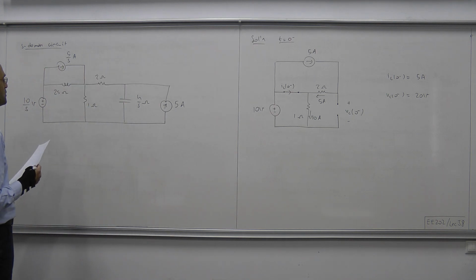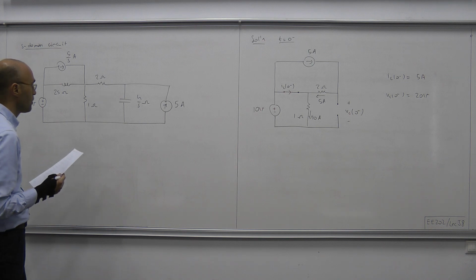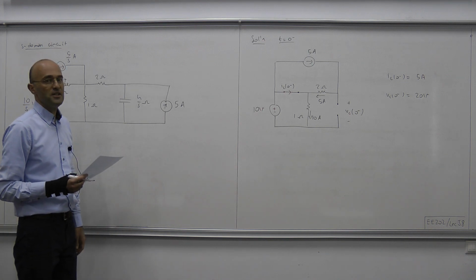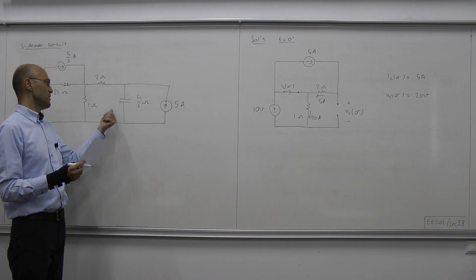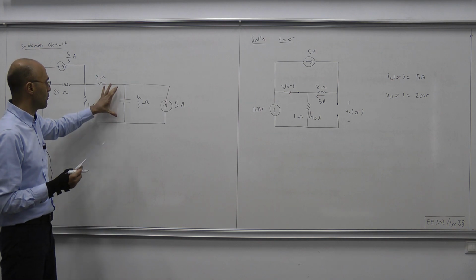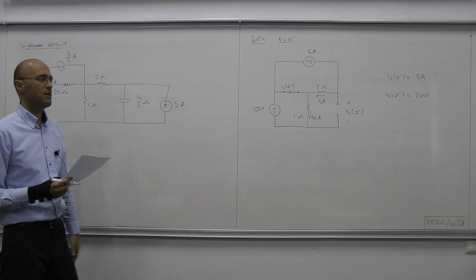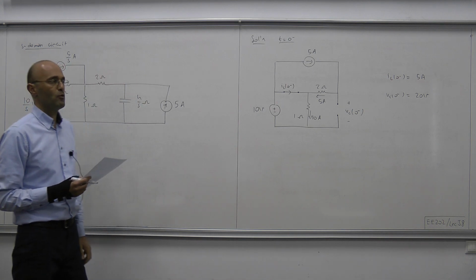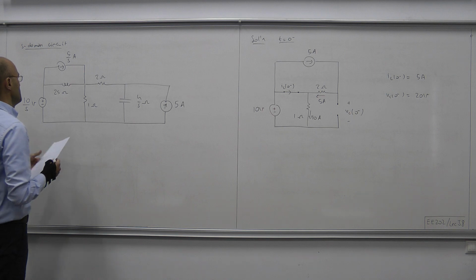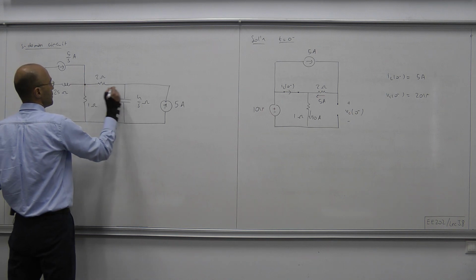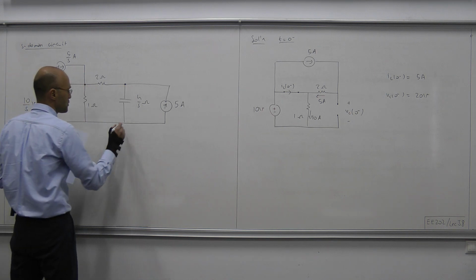Okay, now this is the circuit that we want to solve, and what we ask for is vC(t). So in this circuit we have to figure out VC(s), therefore we have to figure out this voltage. Once we have VC of S, then we can transform it to time domain easily. Okay, so let's apply node voltage analysis to solve this circuit.